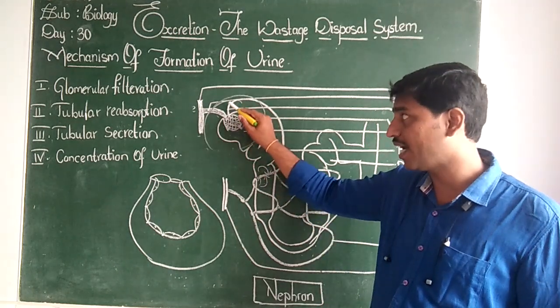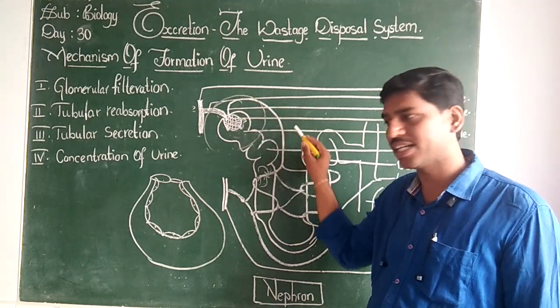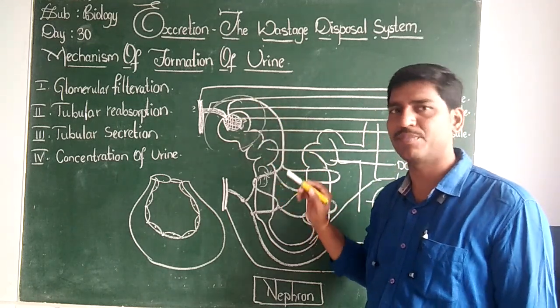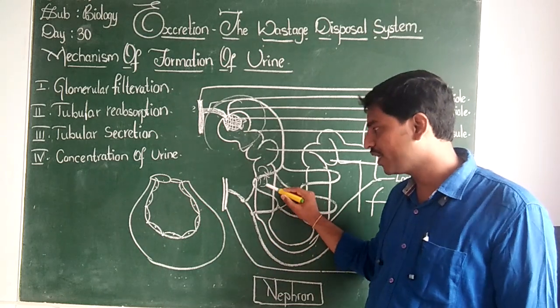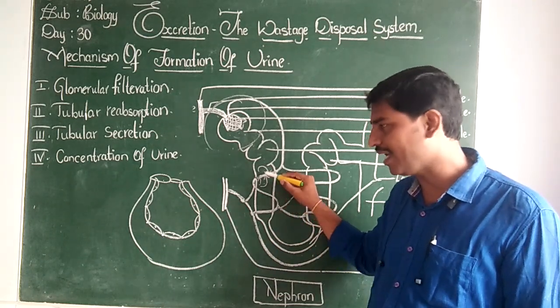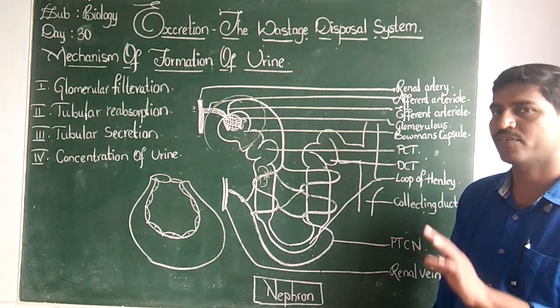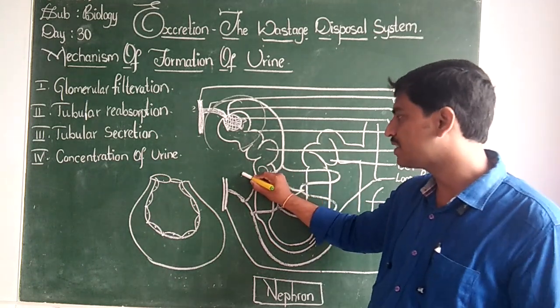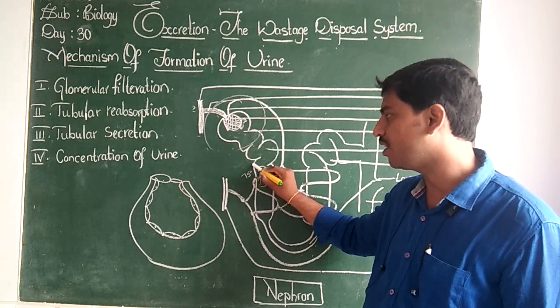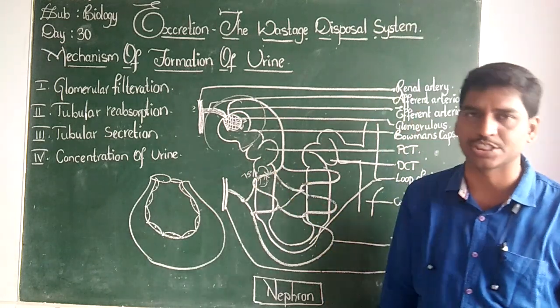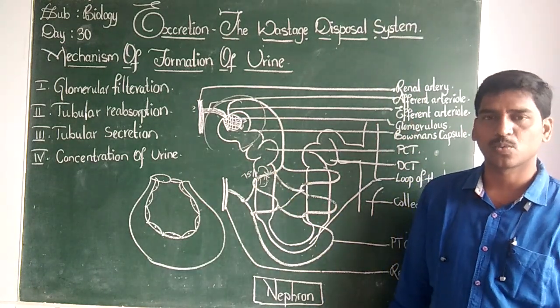So from the efferent arteriole, the remaining blood is going to come into this peritubular capillary network. Whatever things are present are reabsorbed into the peritubular capillary network. Apart from this, nearly 75% of water is going to be reabsorbed. So what did I say?